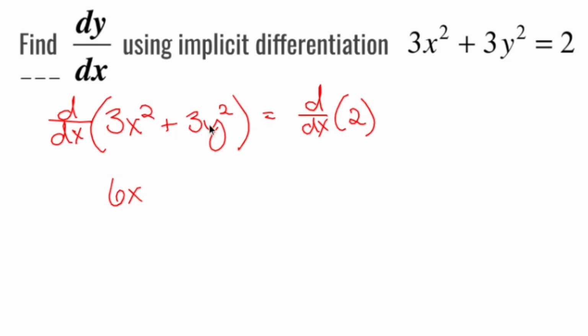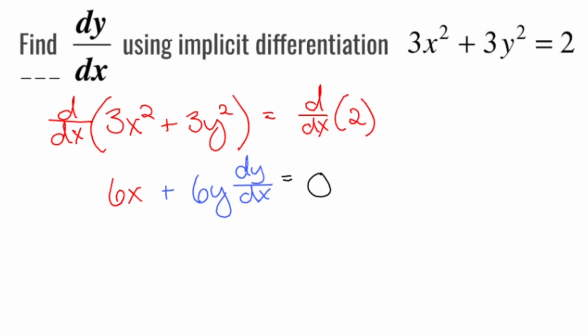However, the derivative of 3y squared is similarly 6y, but since we're taking the derivative of y with respect to x, we attach dy/dx. That's going to equal the derivative of a constant, which is 0. I meant to say 0. Let the record reflect, I meant to say 0.